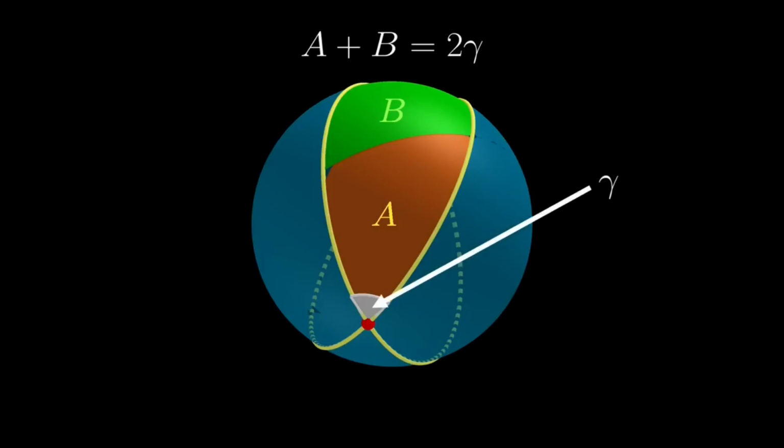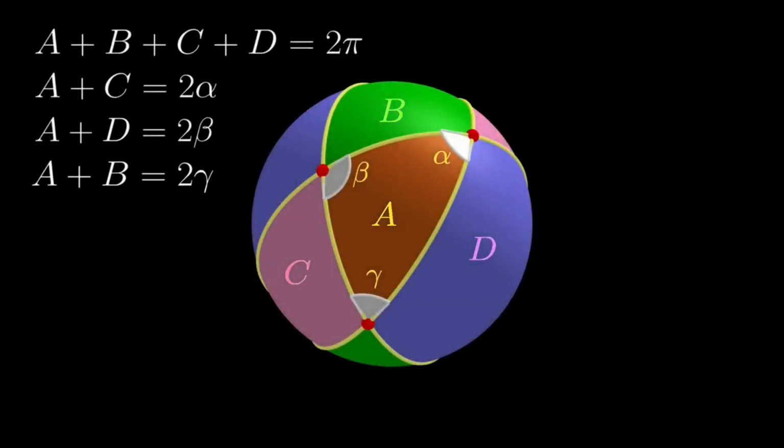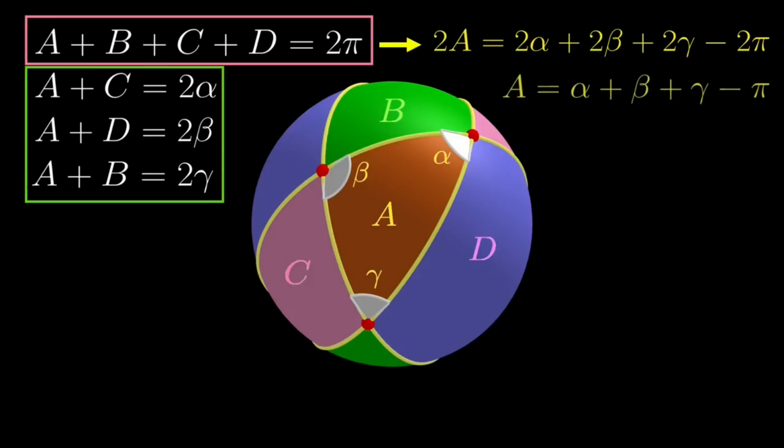All these relations between A, B, C, and D can then be aggregated here, and we can solve for A, the spherical triangle we are focusing on. To solve for A, we can first add up these three equations and subtract the first equation from it. This gives 2A equals 2 alpha plus 2 beta plus 2 gamma minus 2 pi, and dividing by 2, we get the area to be alpha plus beta plus gamma minus pi.